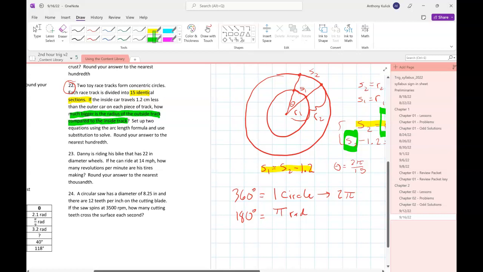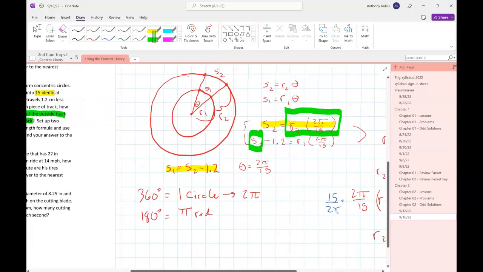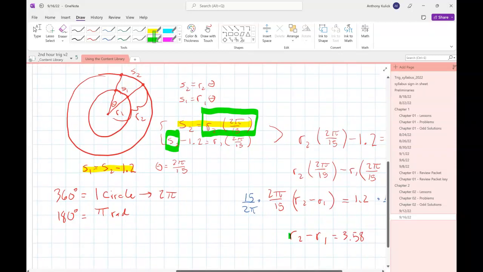If I were to compare their sizes, what operation would you do to find out how much bigger something is? Subtract. R2 is the outside, and R1 is the inside. That's exactly what we've solved for here, how much bigger the radius of the outside track was than the radius of the inside track.